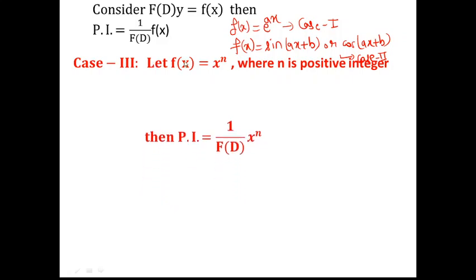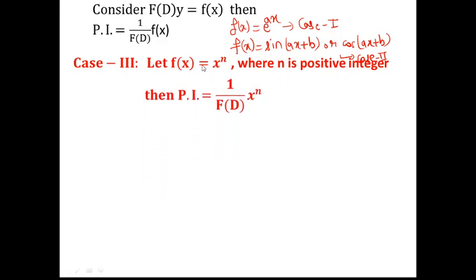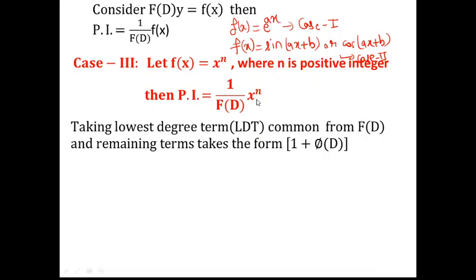So if we have the function f of x as an algebraic function of the form x raised to n, where n is a positive integer, then the particular integral is given by 1 upon f of D operating on x raised to n. Now, how does this case operate?